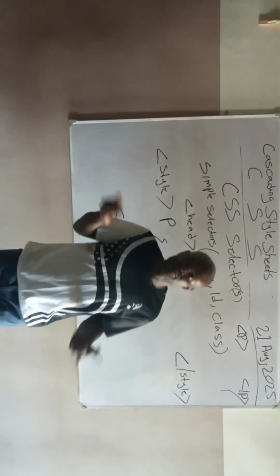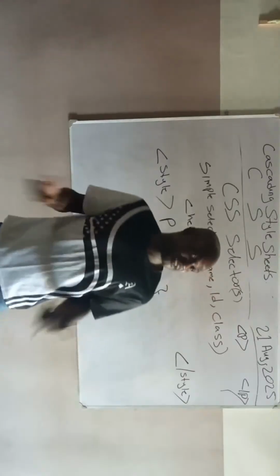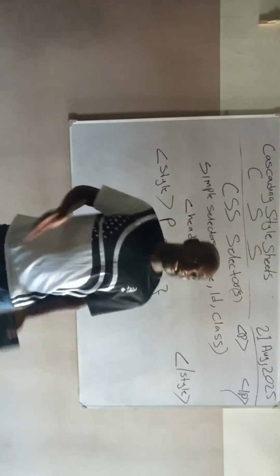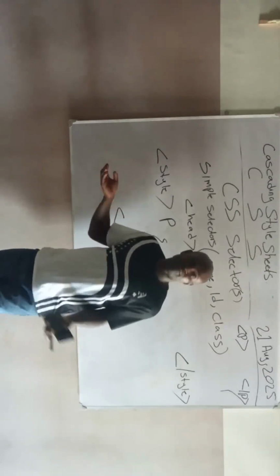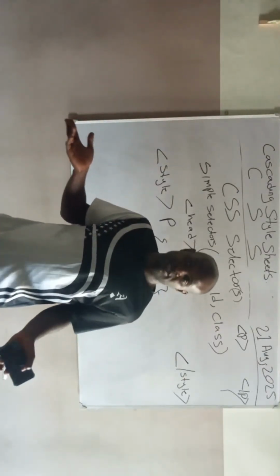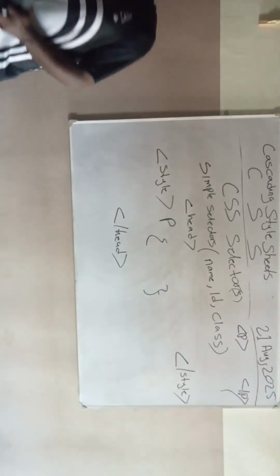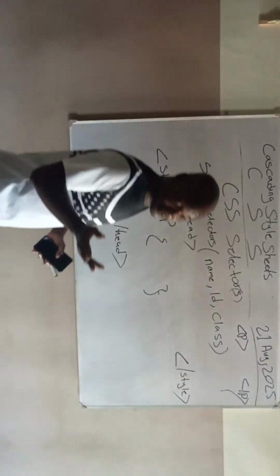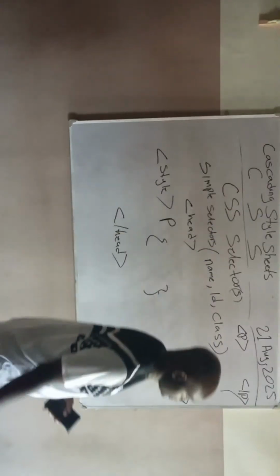What is your style attribute now? It allows you to import CSS inline. And what is your style element now? It allows you to import CSS in block. I don't know if I'm clear. Do you understand what I just said?